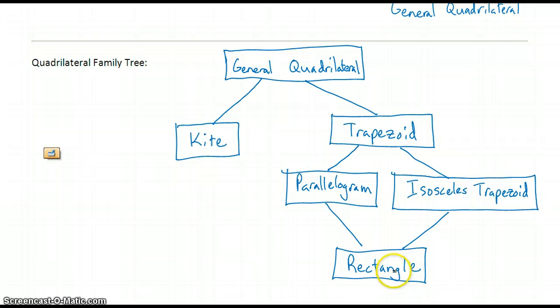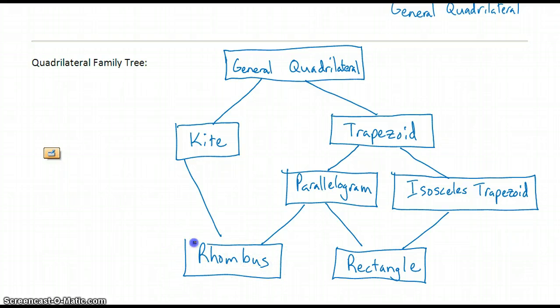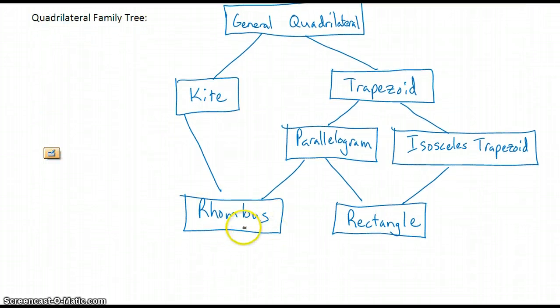So a rectangle has all the properties of a parallelogram and all the properties of an isosceles trapezoid. And if we combine the kite and the parallelogram, if we have a shape that has all the properties of a kite and all the properties of a parallelogram, we end up with a rhombus. And finally, if we combine all the properties of a rhombus and all the properties of a rectangle, we end up with a square.